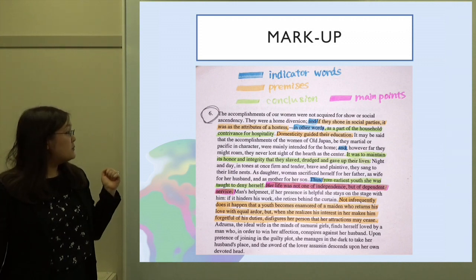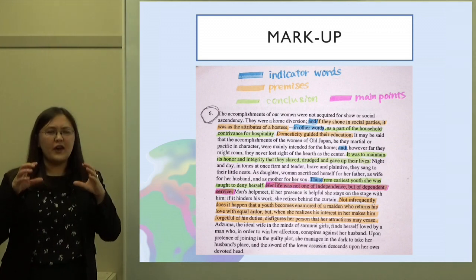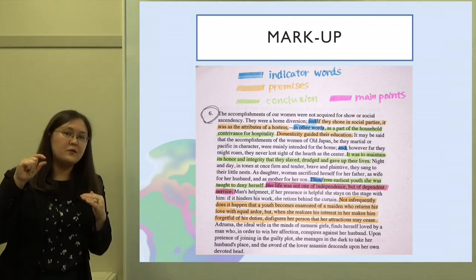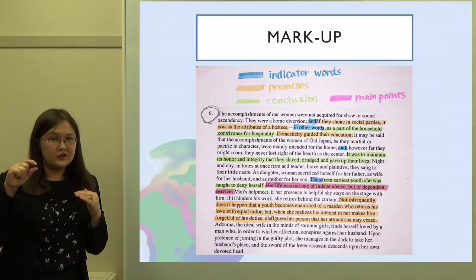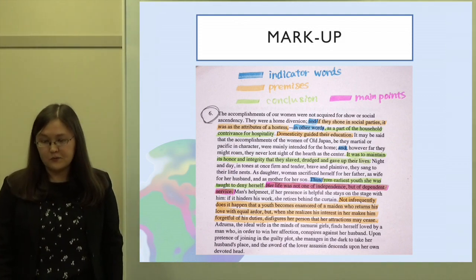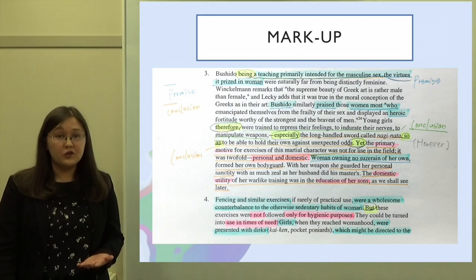Whenever she finds a premise, she uses orange. And whenever she finds a conclusion, she uses light green. And then when she finds, okay, I think I understood the argument, this one is the main point out of all of the conclusions, then she also used pink. So this is one example.